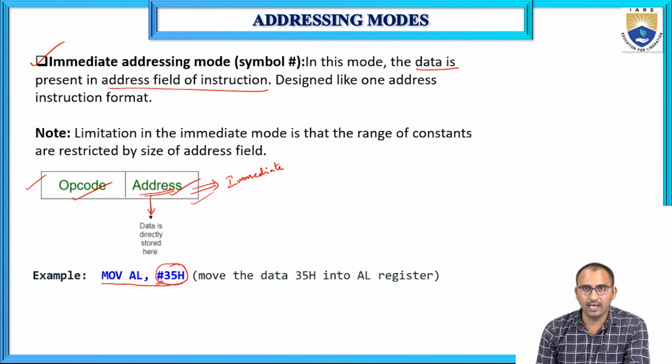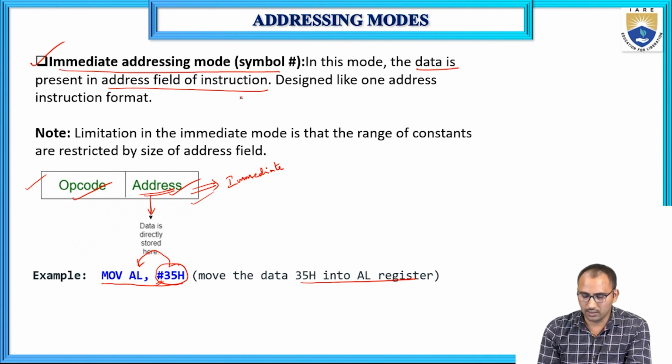If hash is there, it represents immediate data. So here the 35 is copied to the AL register. This is immediate addressing mode: before the immediate data, we specify the symbol hash.